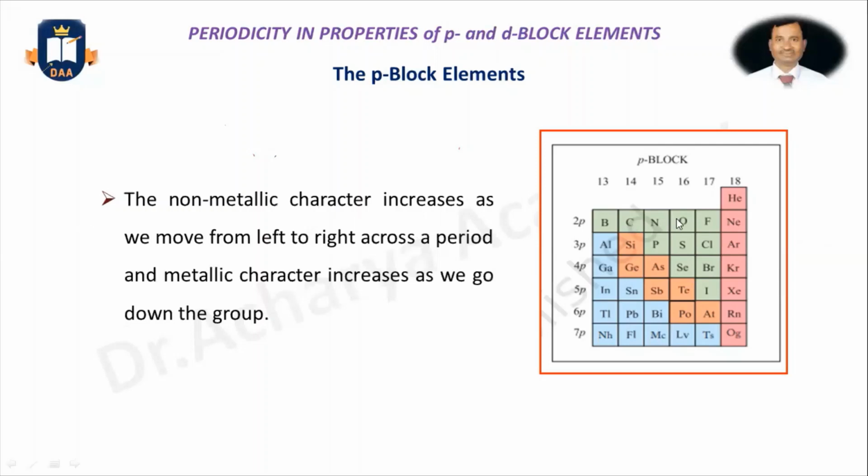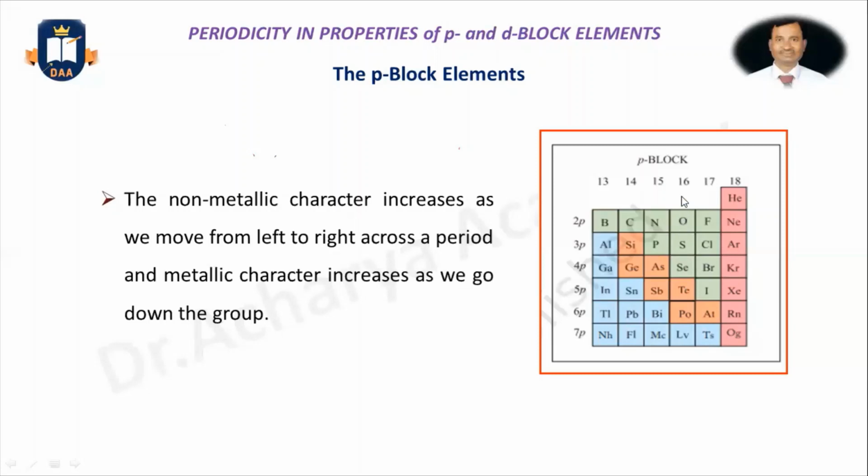Groups 16 and 17 have non-metallic character, and it increases as we move from left to right across the period. That means from oxygen to fluorine, or from sulfur to chlorine, the non-metallic character increases for these elements. And the metallic character increases as we go down the group.